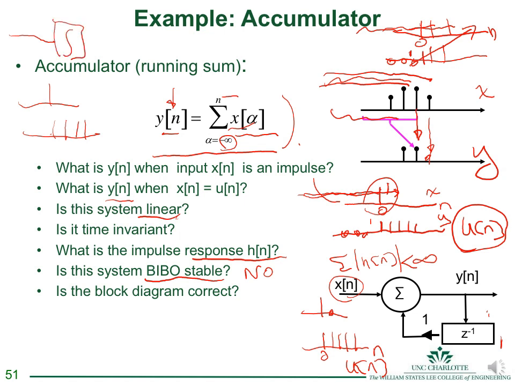And so the accumulator in discrete time behaves very similarly to an integrator in continuous time. So it's analogous to the integrator of continuous time, and the accumulator serves a similar important role in discrete time systems that an integrator does in continuous time systems.